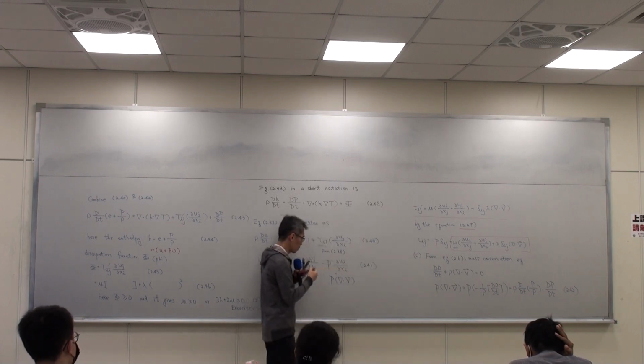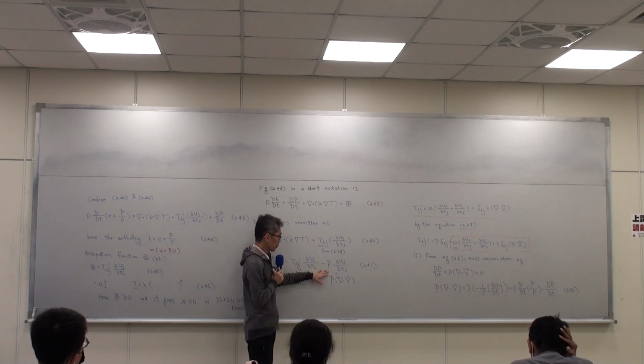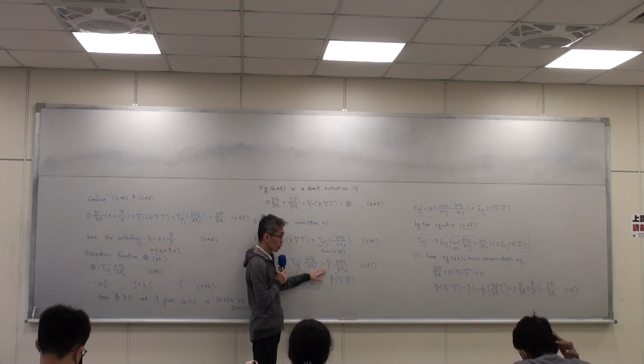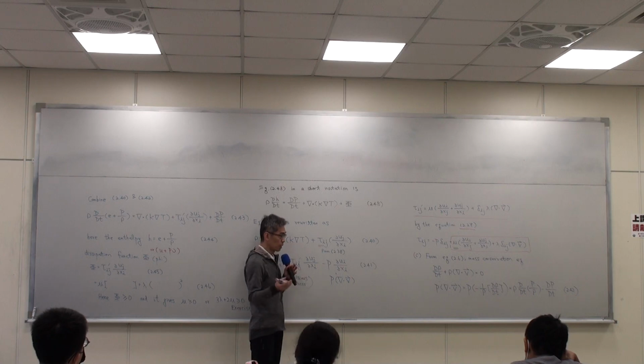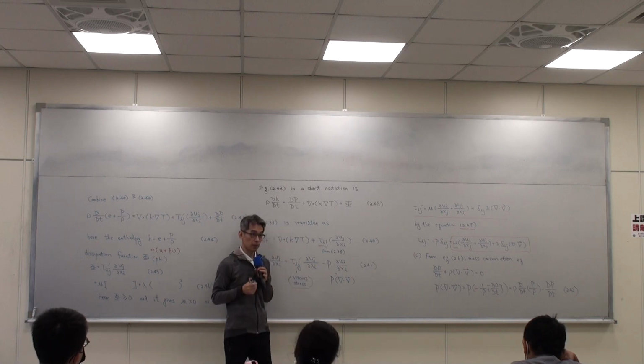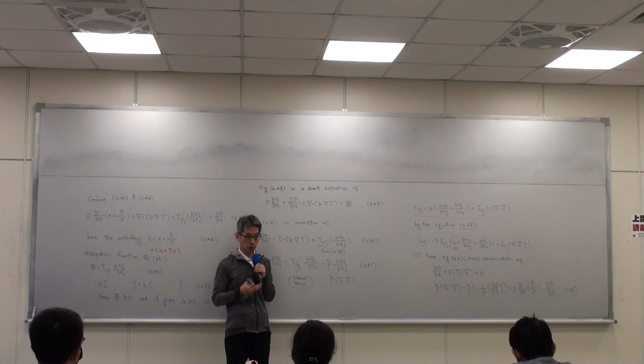So the normal stress contribution, basically we can rewrite it, because your flow field is regarded as an open system, where flow at different locations may have a different kind of pressure.